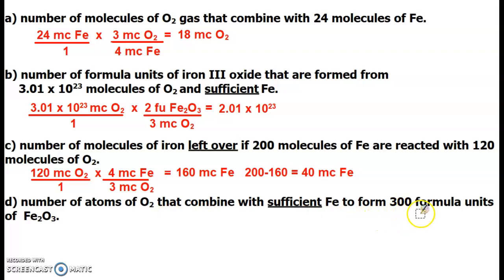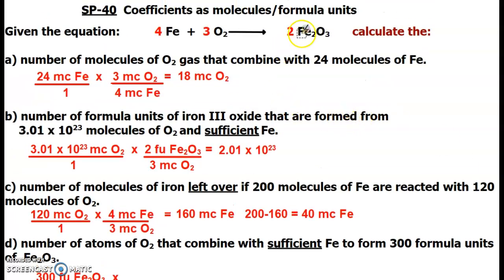So we're going to start with our 300 formula units of Fe2O3 and put it over 1. I have to scroll back up, but for my balanced equation, we're looking at Fe2O3 and the O2. From our balanced equation, it's 2 Fe2O3s and it's 3 O2s.